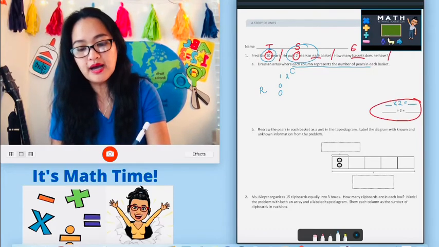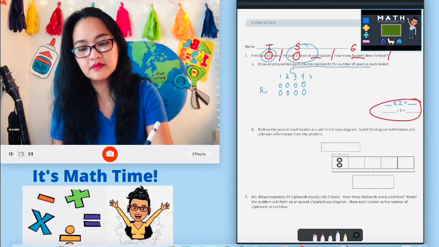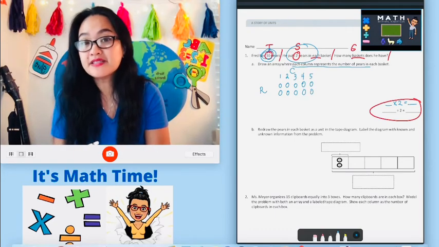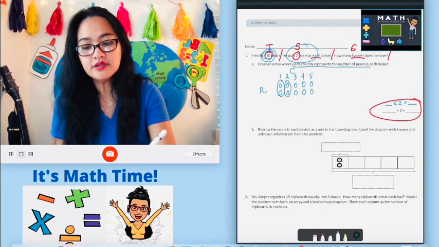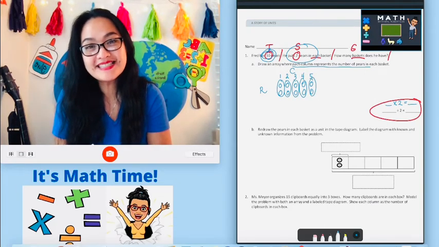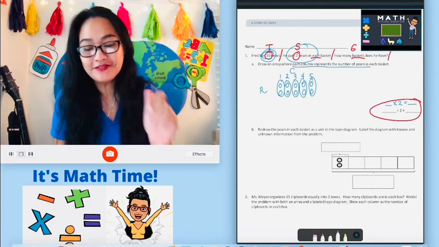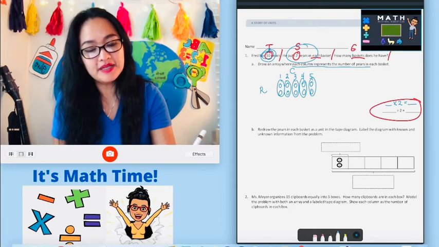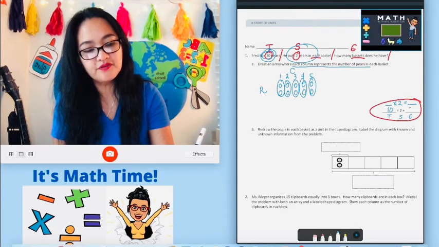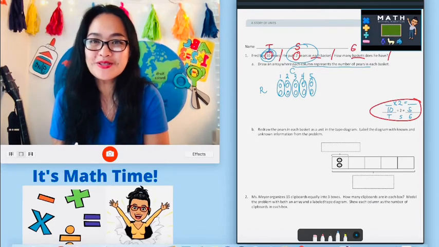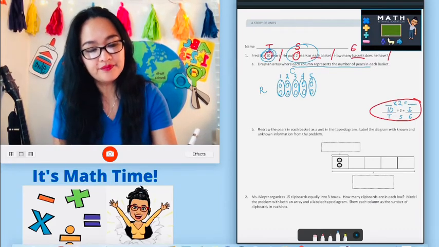Column 2, I have 4. One, two, three, four, 5. How many baskets did I make? 5. So that means I'm going to have the total, the size, and the group here, which is 10 divided by 2 equals 5. Or using your inverse operation, we have 5 times 2 equals 10.